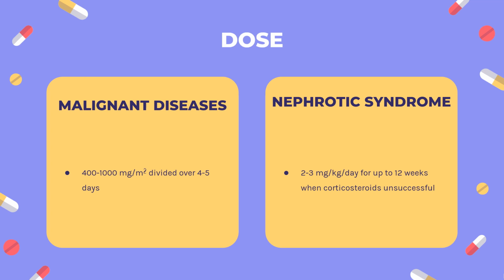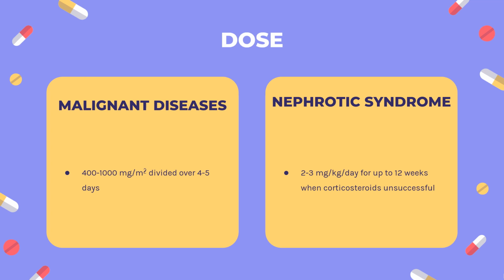Continuous daily 60 to 120 mg/m²/day, or 1 to 2.5 mg/kg/day. PO. Intermittent therapy 400-1000 mg/m² divided over 4 to 5 days. PO. Continuous daily therapy 50 to 100 mg/m²/day or 1 to 5 mg/kg/day.